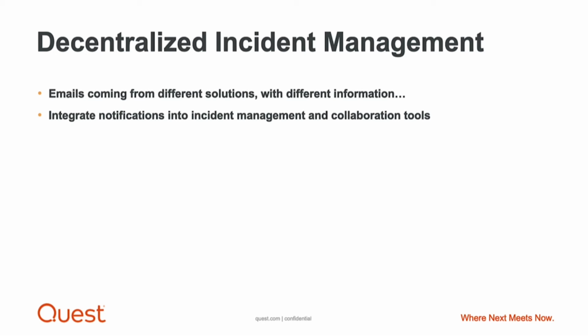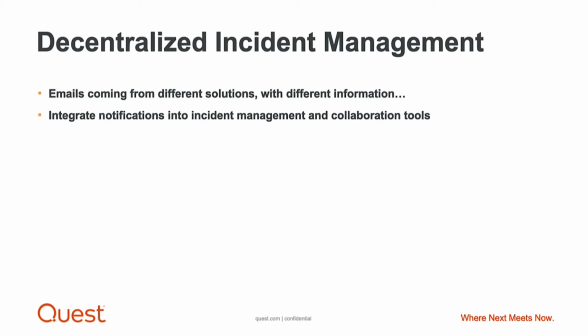A lot of companies are using different solutions for their monitoring and notification than they are for their incident management. And historically, it's been a very manual process where we rely on an IT administrator who's neck deep in trying to solve a problem to remember that they have to then go into their incident management solution and log what they're working on, right?